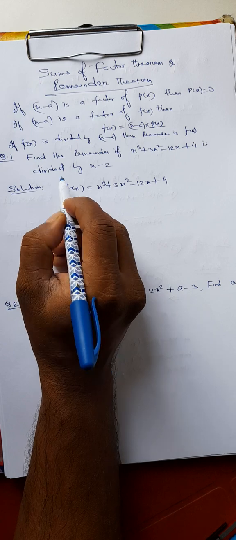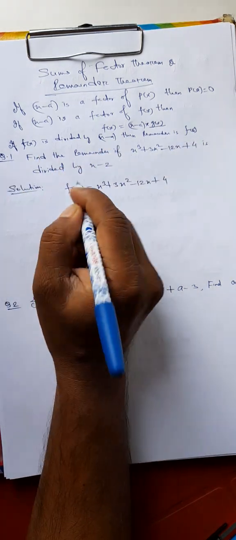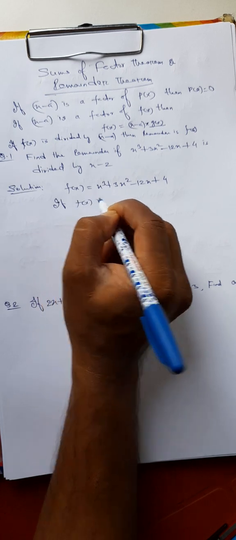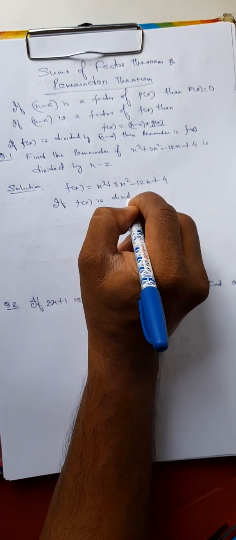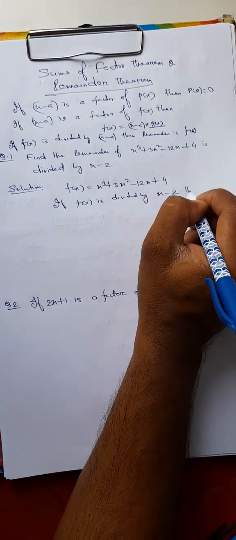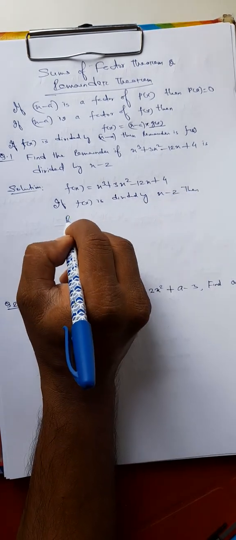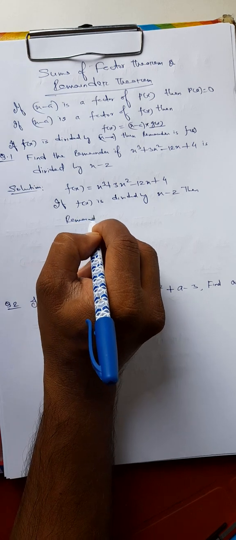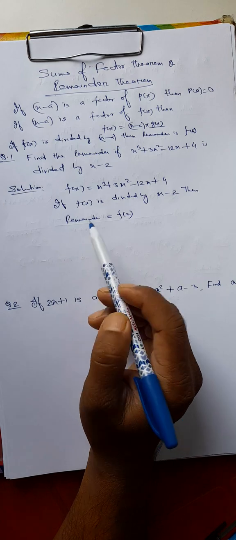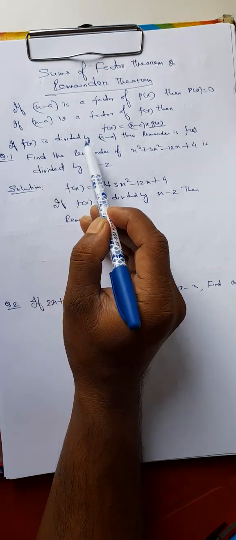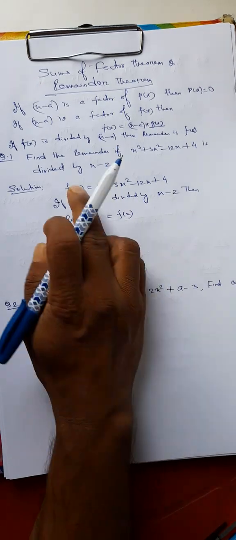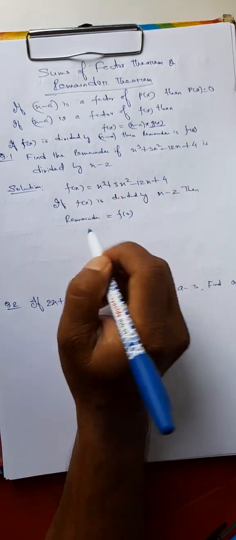If f(x) is divided by x minus 2, then what would be the remainder? Remainder equals f(2). You remember the remainder theorem: if f(x) is divided by x minus a, remainder is f(a). Now if f(x) is divided by x minus 2, remainder is f(2).